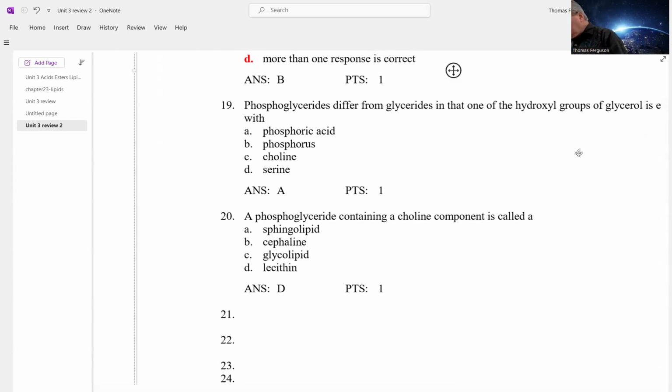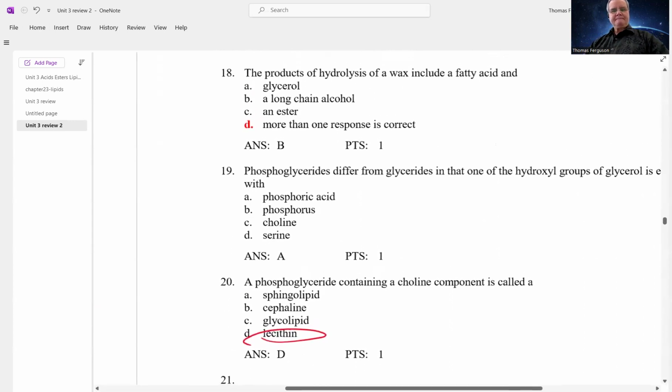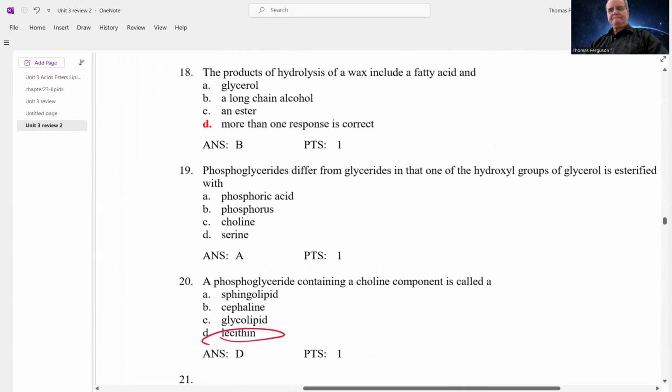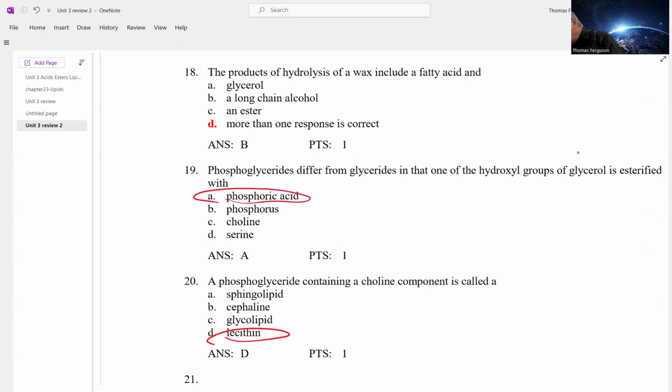And this is going to be good old lecithin again. So the phosphoric acid ester is what attaches the choline to the backbone.